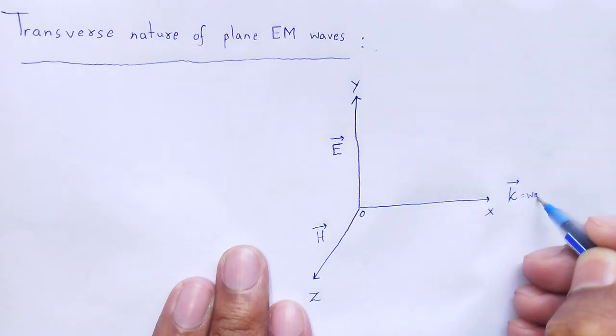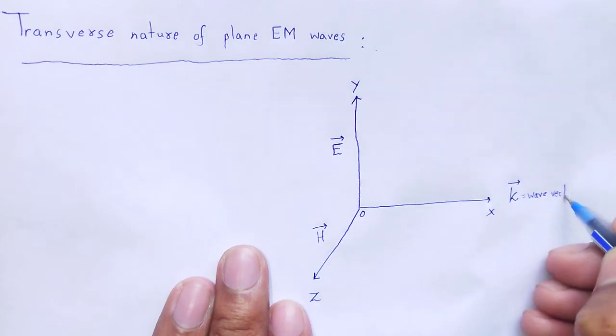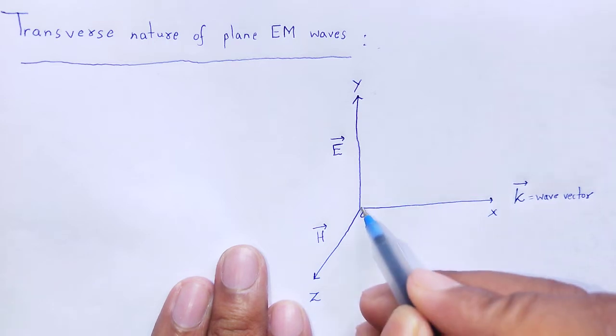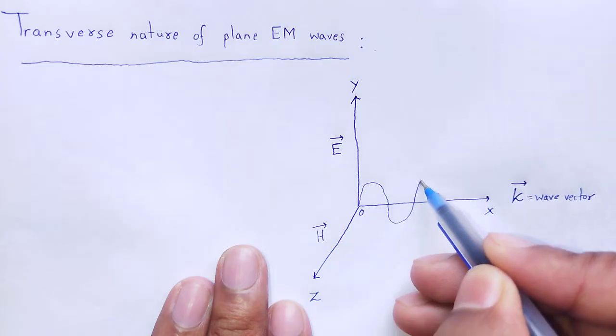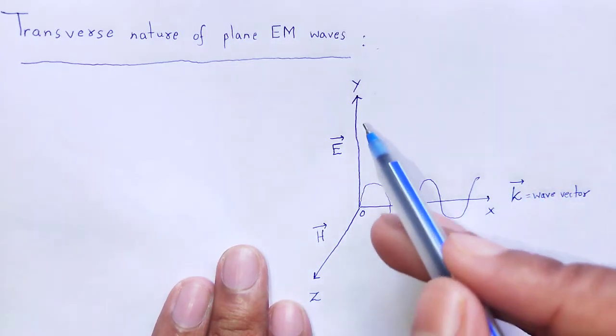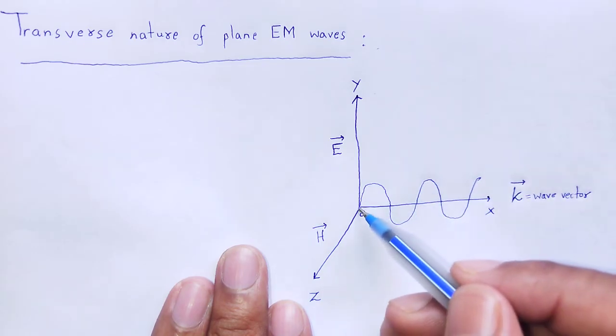That is the wave vector. E vector, which oscillates perpendicular to the propagation of the wave vector.